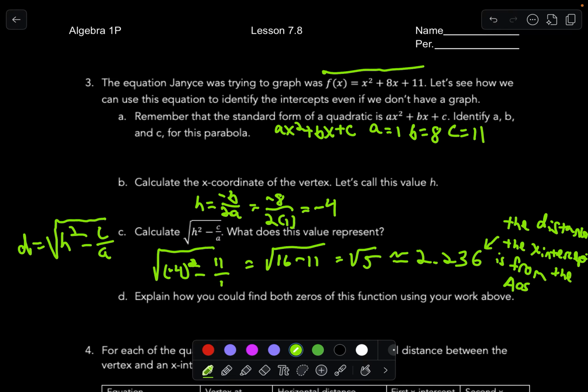So if that is the distance, how can we find both zeros of this function? Well, we could take the vertex, h, location, and then add that distance, and then subtract that distance. So one x-intercept would be equal to h plus d, and another one would be h minus d.